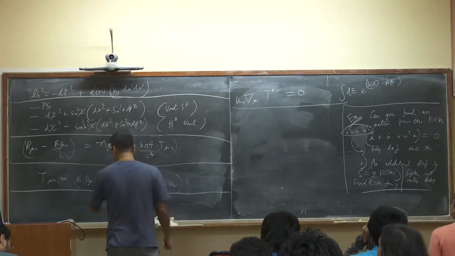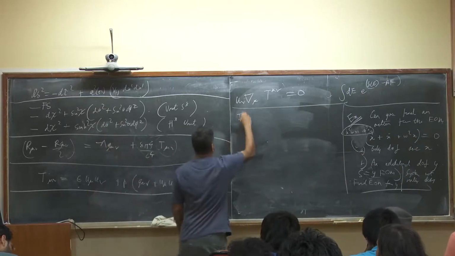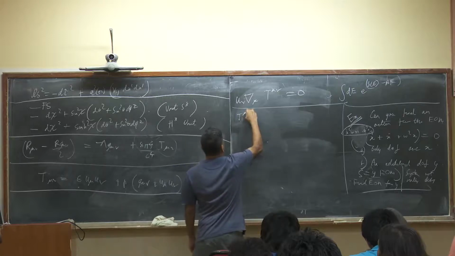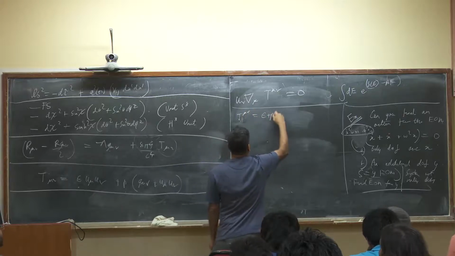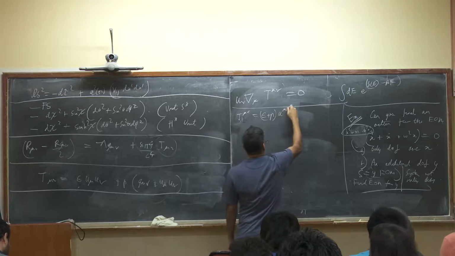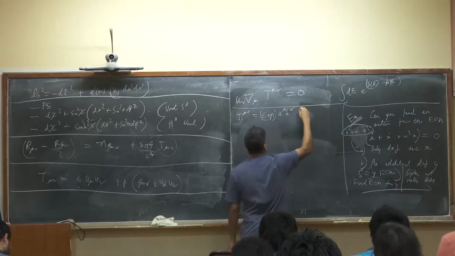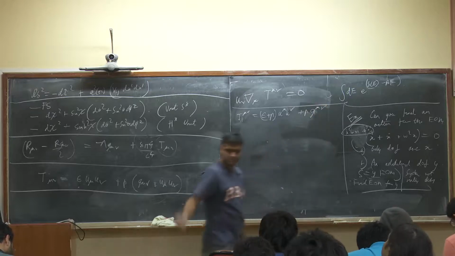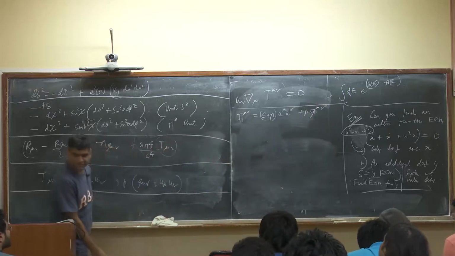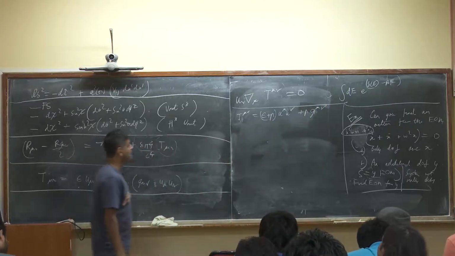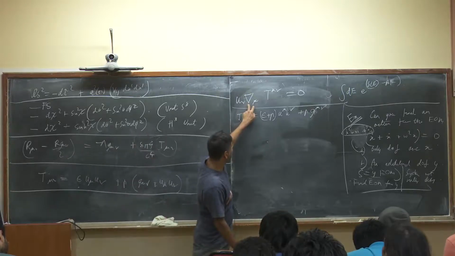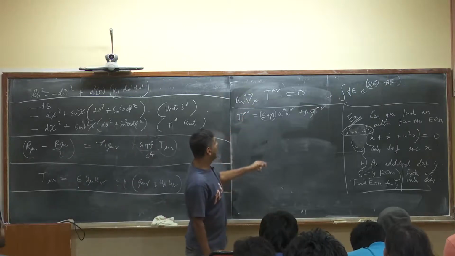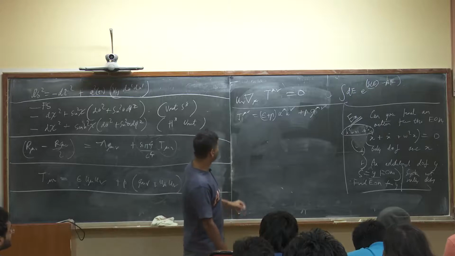So what I'm going to do is now write, well, T mu nu was equal to E plus P into u mu u nu plus P into g mu nu. Just rearranging. Now, when I take this derivative, I can take it on many places.